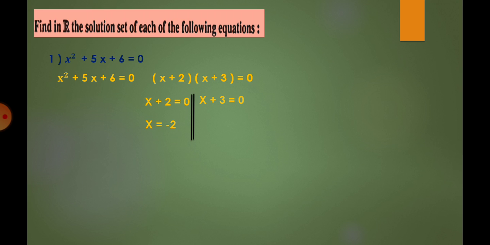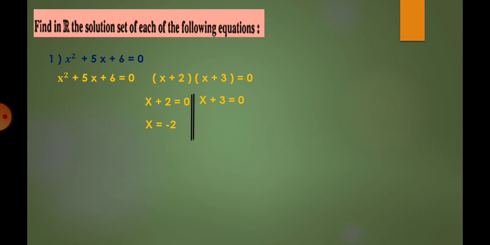So we can write x = -2 and x = -3. So the solution set equals {-2, -3}.